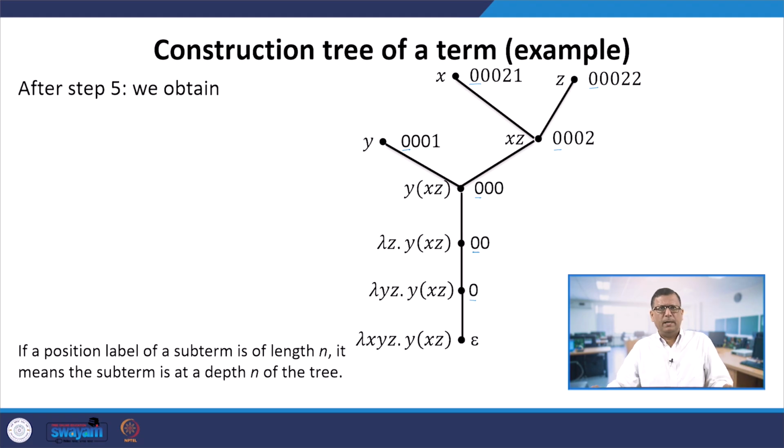If it is of length n, it means that the subterm is at a depth n of the tree. For example, here this position level length is 5, and the depths are: this is depth 1, depth 2, depth 3, depth 4 and depth 5. So the position level gives us information as to where this subterm is located, or what the position of the subterm is in that term.